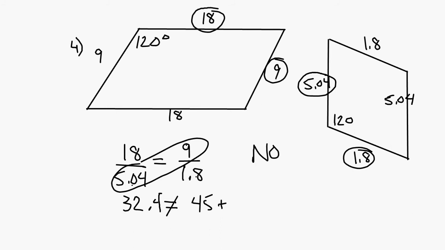Number 5 says the polygons are similar but not necessarily drawn to scale. Find the value of x. So your proportion to find the value of x for number 5 would be 12 over 35 is equal to 6 over x.